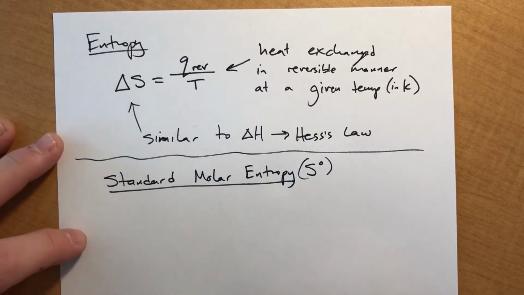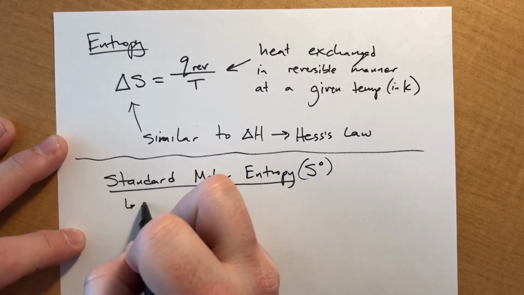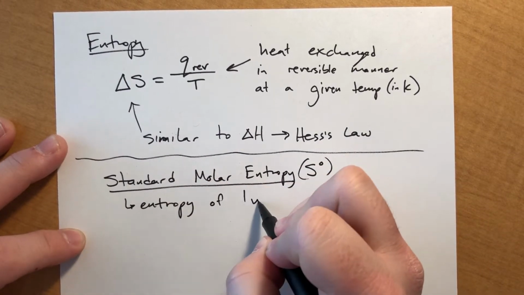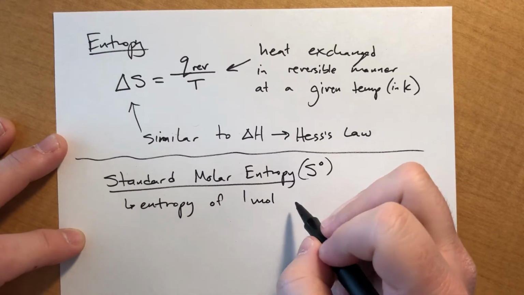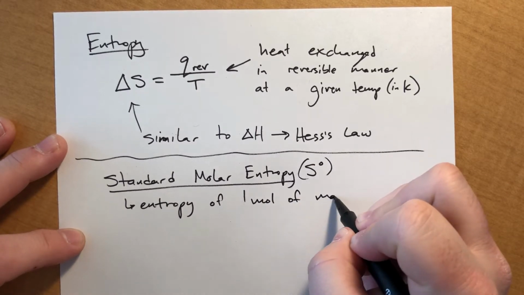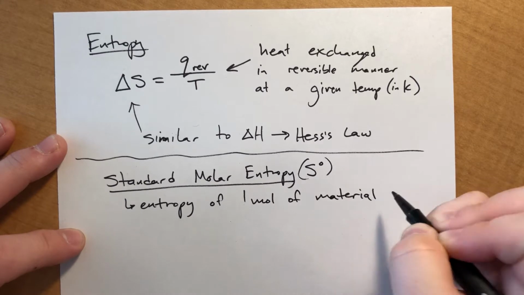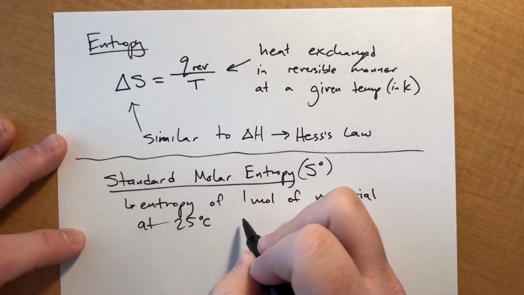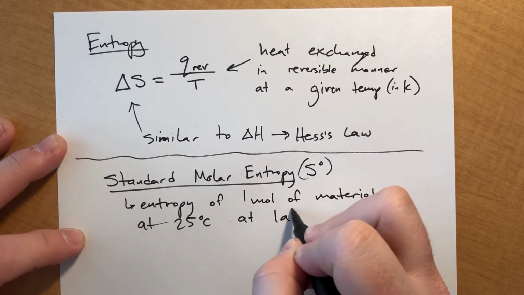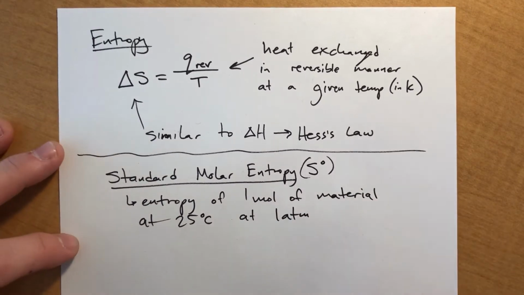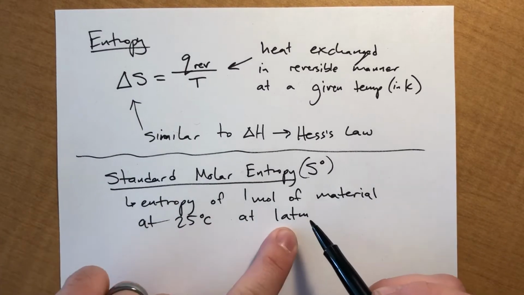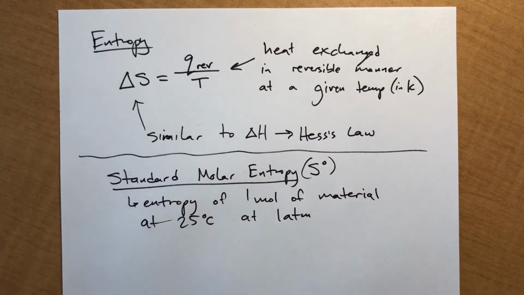Okay, so this is the entropy of 1 mole of material, so whatever the reaction is, 1 mole of that, at 25 degrees Celsius and at 1 atmosphere of pressure. So basically standard conditions. So 1 mole, this is room temperature, and this is 1 atmosphere, okay?